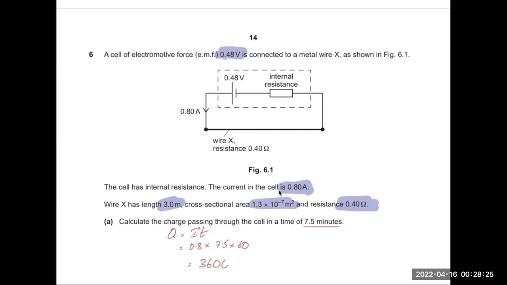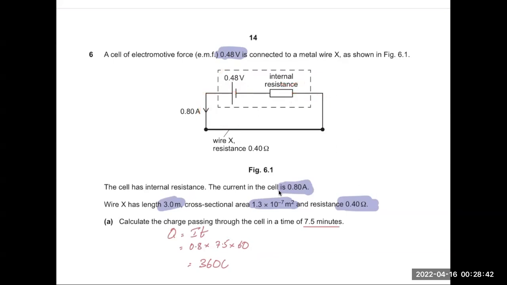Why? Because the entire EMF, the energy provided by the cell, is transferred to this wire, because these connecting wires have no resistance, there is no internal resistance.